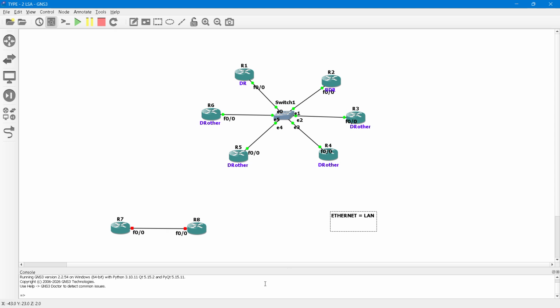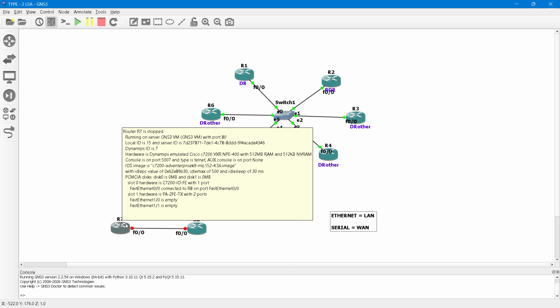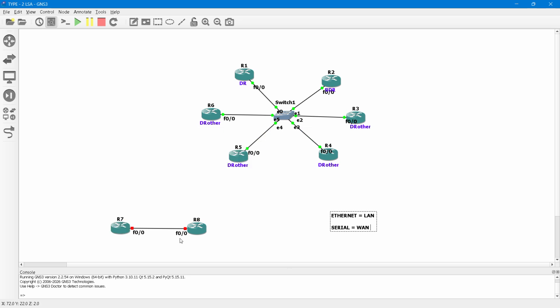When we talk about serials, they are used in WANs. In the initial versions of the routers, we used to see serial interfaces, S0, S1, and the serial ones have the property of point to point.